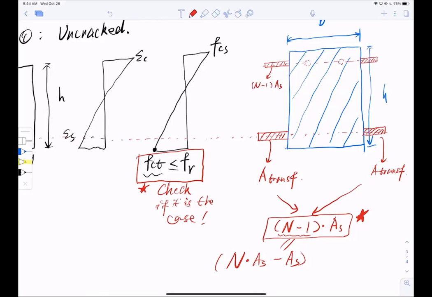First thing I do is fill it with concrete, so that's where the minus As comes from. But the total contribution of the steel is n times As. Hence I get (n minus 1) As.